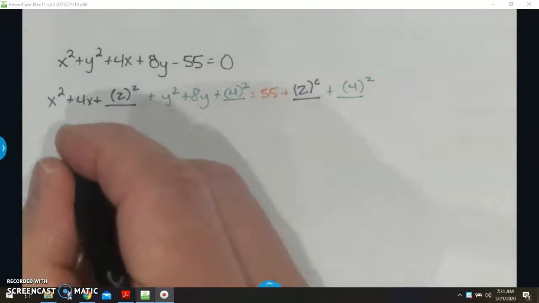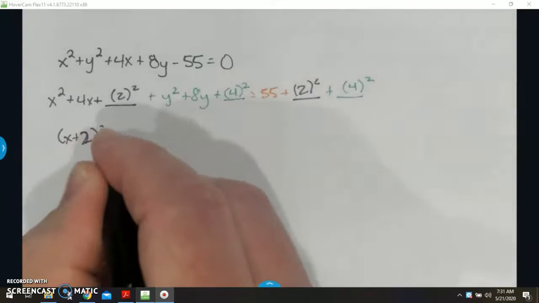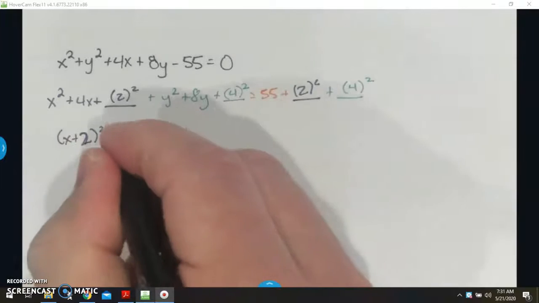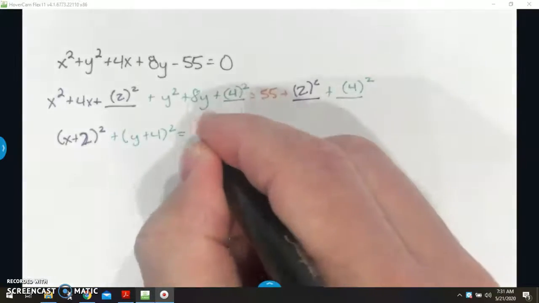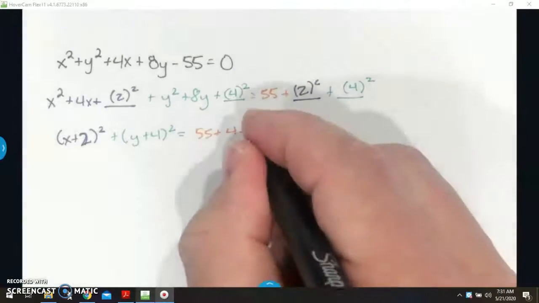This will turn into x plus 2 quantity squared. This will turn into y plus 4 quantity squared. This will be 55 plus 4 plus 16.